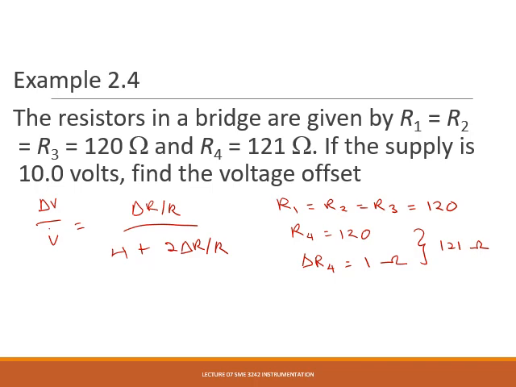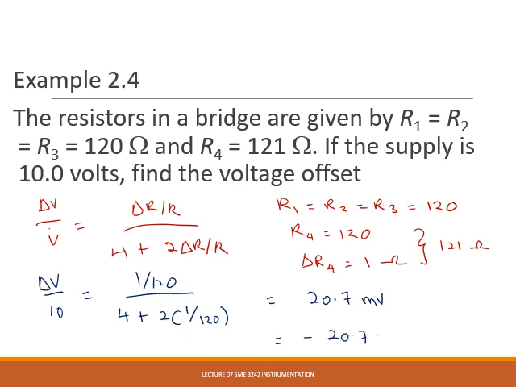Okay, so having this information, we can use the equation that we have derived. So we have delta V over 10 equal to 1 over 120 divided by 4 plus 2 multiplied with 1 divided by 120, and it will give us positive 20.7 millivolt. If you compare with the full equation that we used before in solving this example, we got negative 20.7 millivolt.